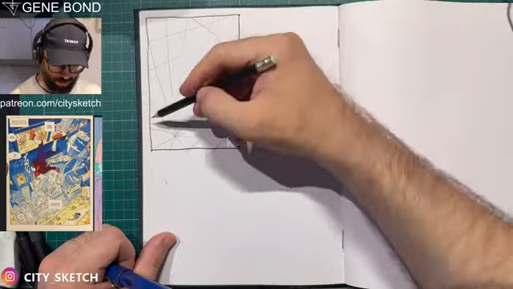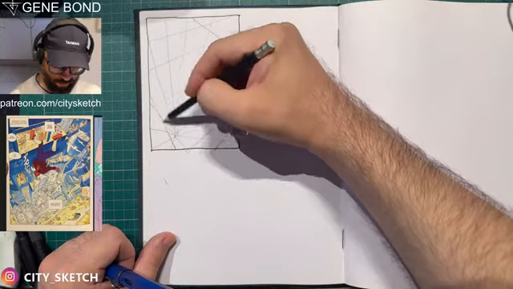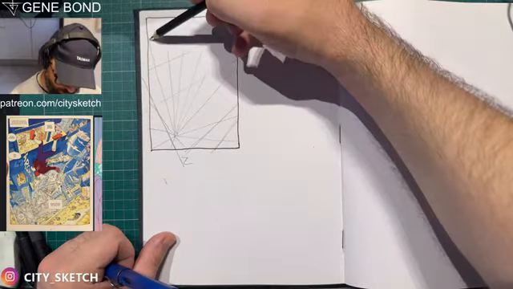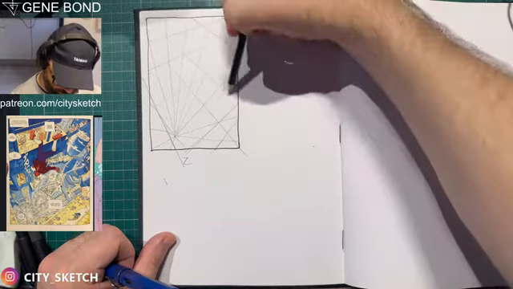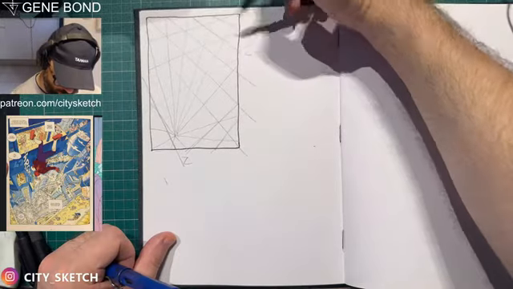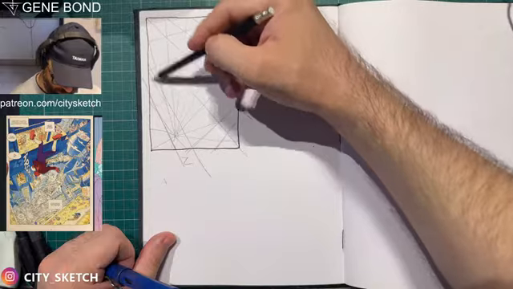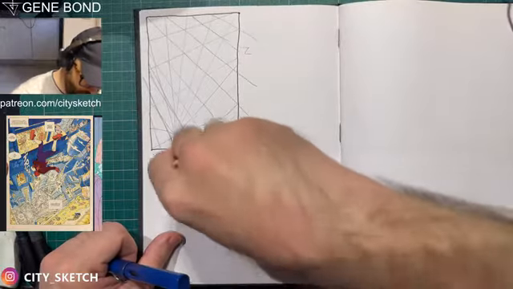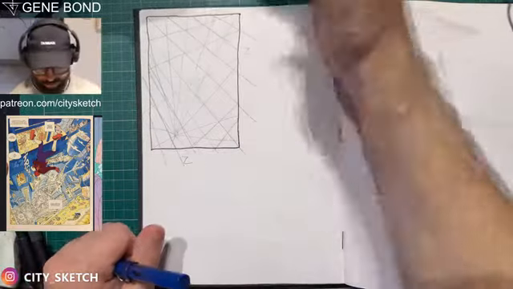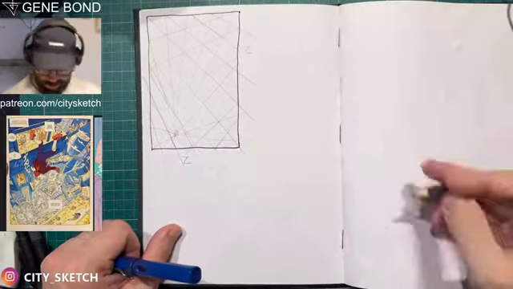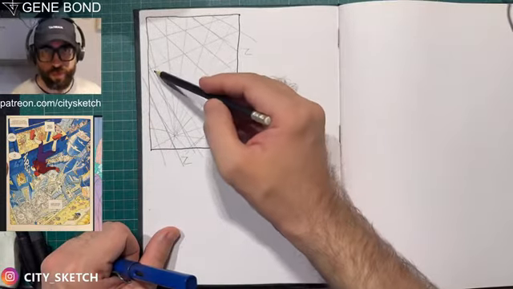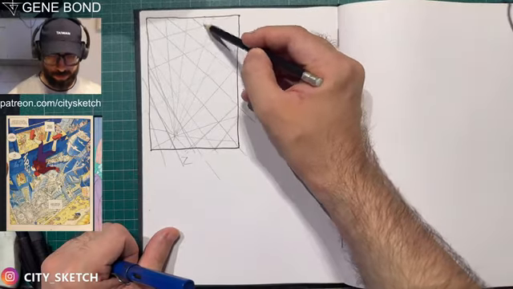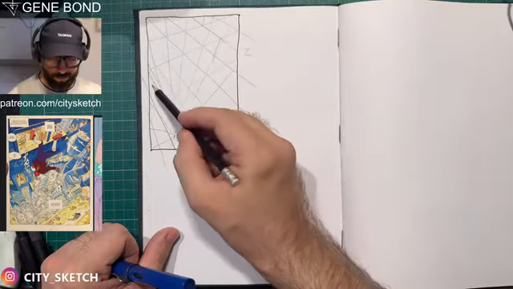Okay, maybe let's do kind of this. So this will be Z. Okay, so let's keep it simple.